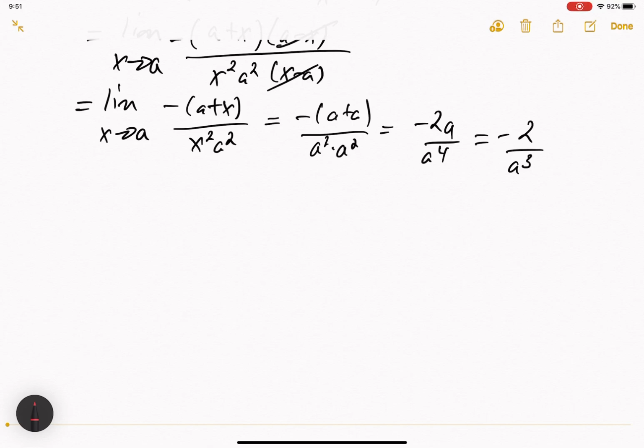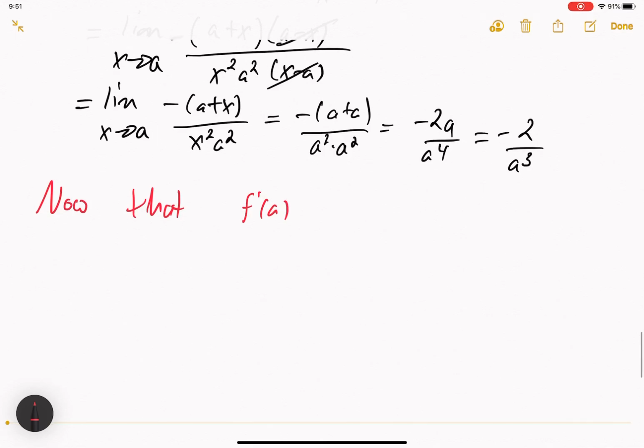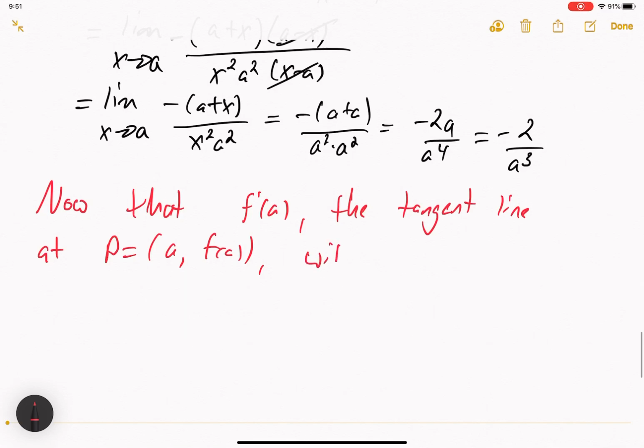Now that we have f prime of a, the derivative at a, we have the tangent line at our point P, which will be a, f of a, and will have slope f prime of a.